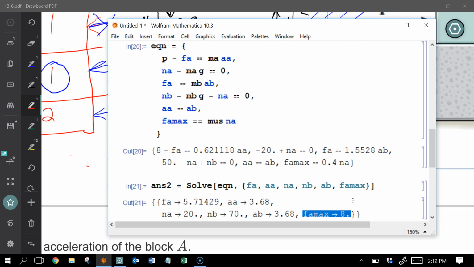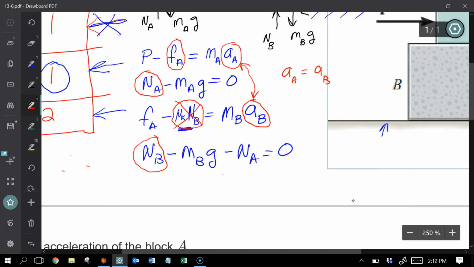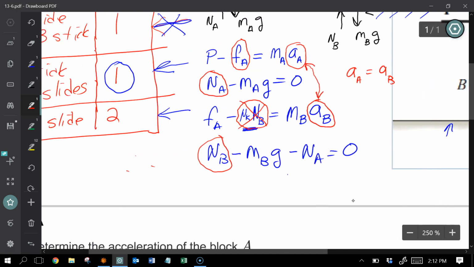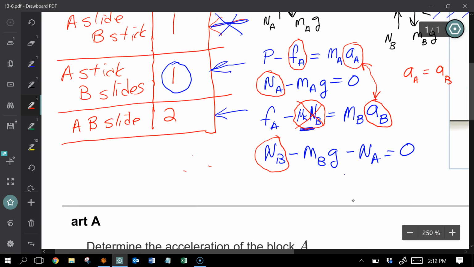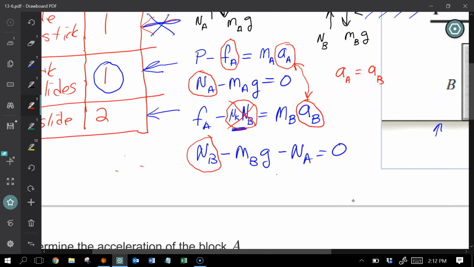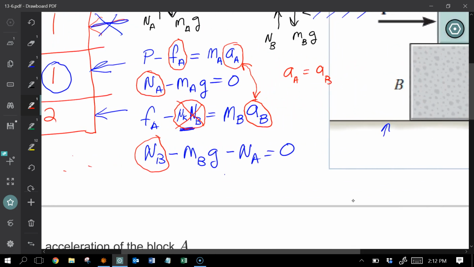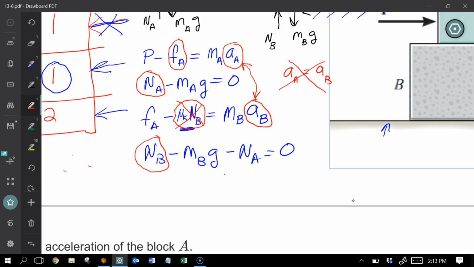You would go back in for the next one, and you would say, if A doesn't stick, therefore it slides. There's nothing left to check. And what would happen is this equation right here would not be valid, because if A is sliding on B, you should have two unknown accelerations, and they're not related to each other.